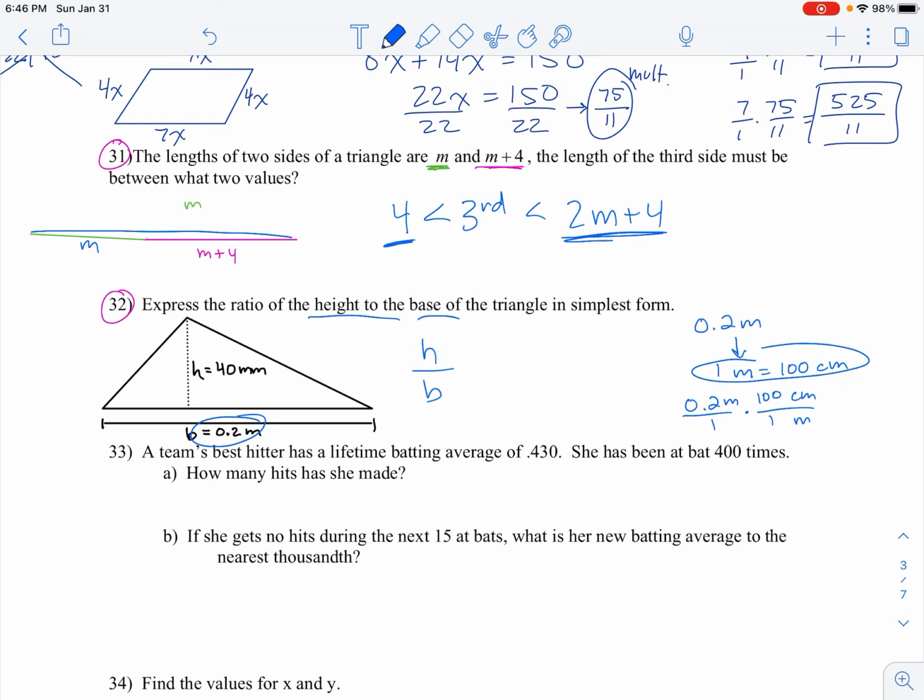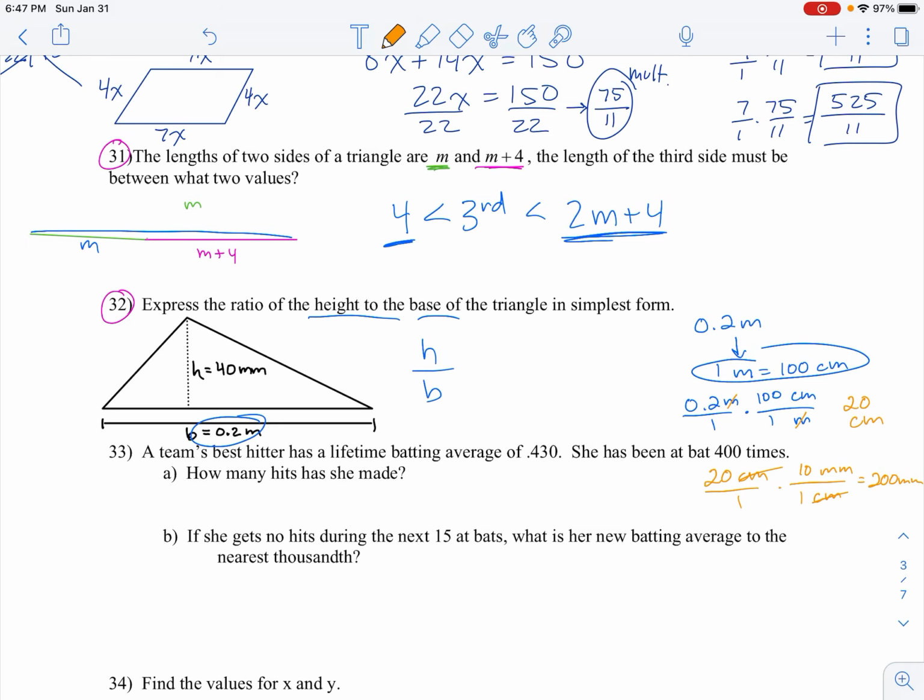My units cancel, and I'm left with 0.2 times 100, which gives me 20 centimeters. And then I'll do the same thing to change it into millimeters. 20 centimeters over 1 times, this time, 10 millimeters over 1 centimeter. My centimeters cancel, and I get 200 millimeters.